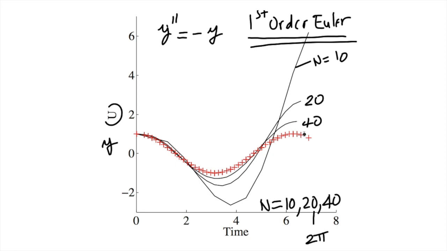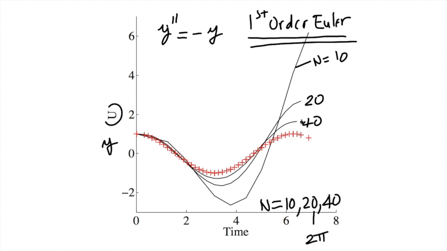This first order Euler is not a recommended method for solving this differential equation system. Although error reduces as we refine the step size, deviations from the exact solution tend to grow in an unbounded way as we go to larger and larger times.